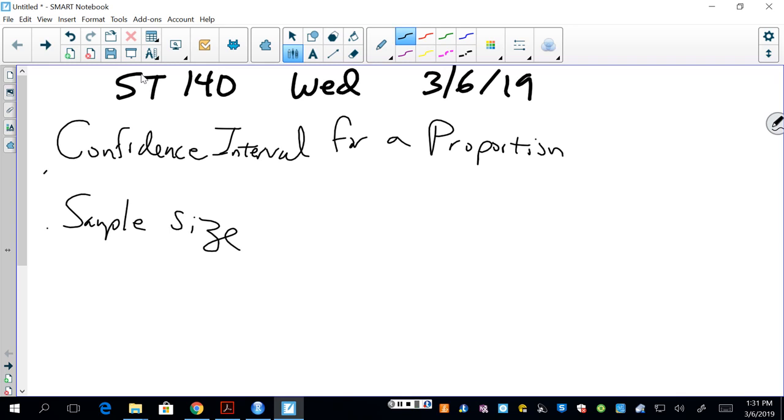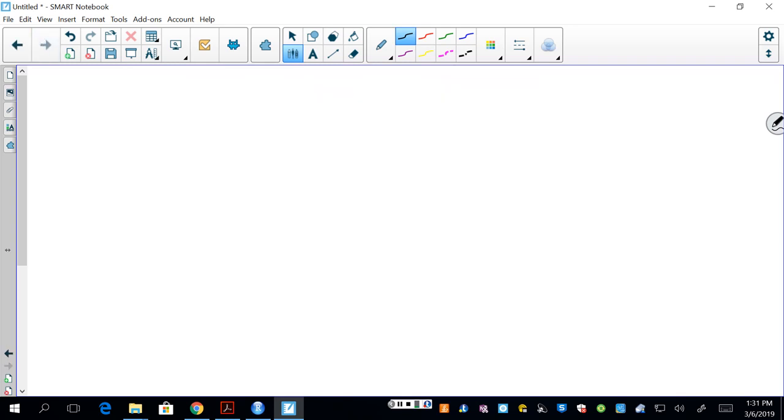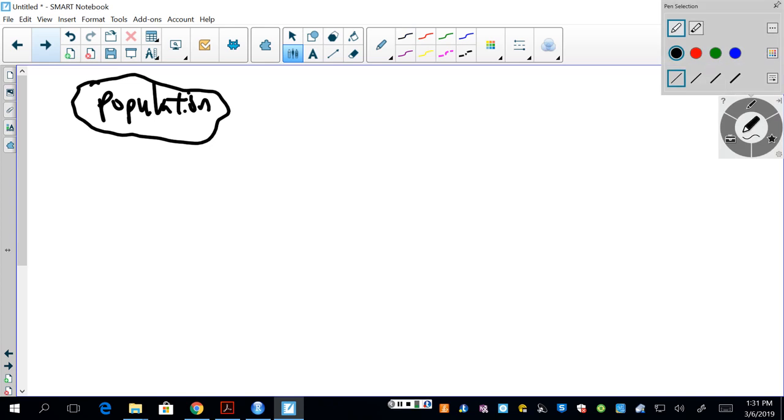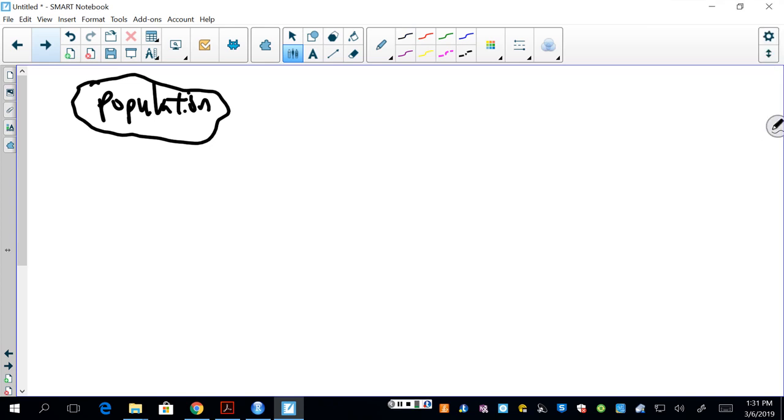Right? So in confidence intervals for proportions, we have some population, and there's some characteristic or some condition that we're interested in. And p is the proportion associated with that in the population. We're asking the basic question, what is that proportion?